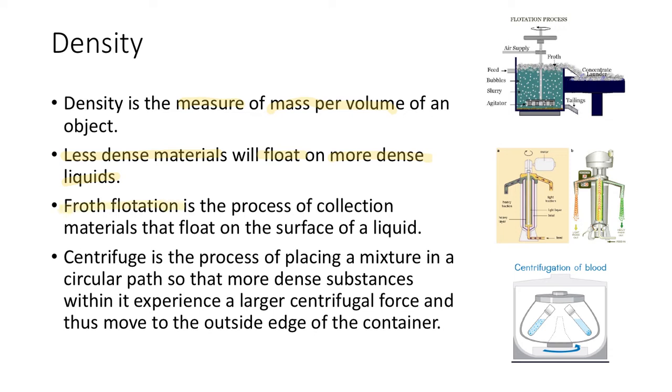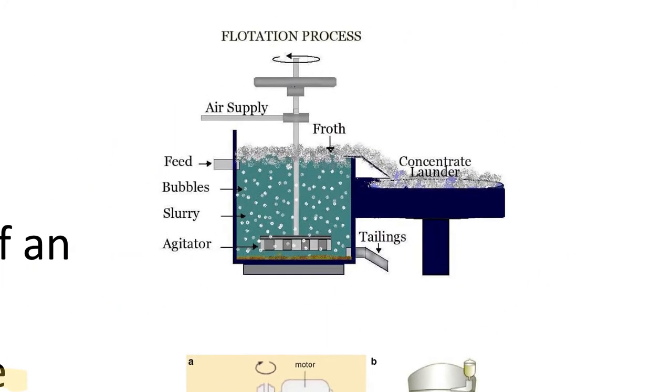It's the process of collection of materials that float on the surface of a liquid. Here's an example. They have a mixture inside this blue container here. What they do is they pump bubbles in it and spin it around, and that creates bubbles all on the surface.